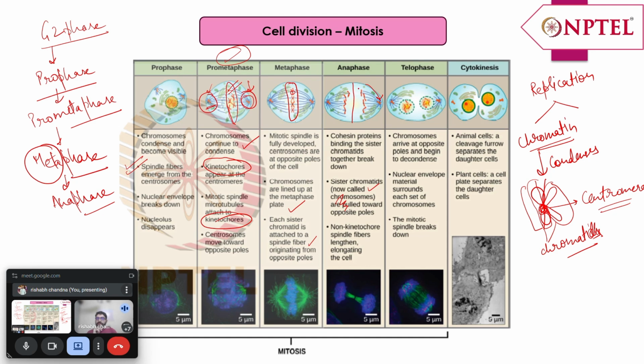They start pulling towards the opposite pole because the spindle fibers that originated from the centrosome start pulling towards the ends of the cell. Then these non-kinetochore spindle fibers lengthen and elongate the cell, which helps in division of this particular cell.